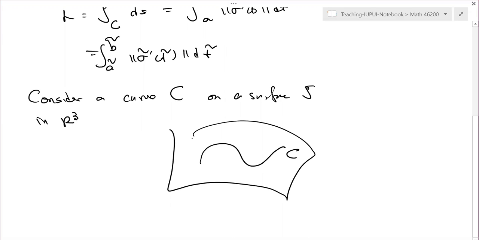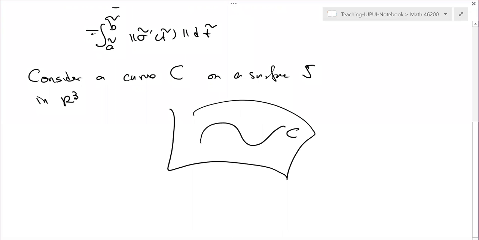If you view the curve in space, then you can just calculate the length. So let's find the map, sigma of t, from a to b, the same. Just view C as a curve in three-dimensional space.